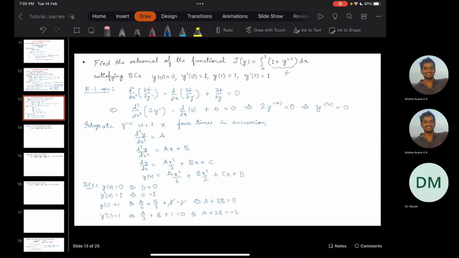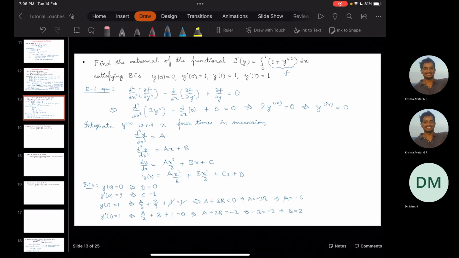Okay, first we substitute. This gives us a is equal to minus 3b. Substituting here, we'll have minus 3b plus 2b is minus b is equal to minus 2. This implies that b is equal to 2, and this implies that a is equal to minus 3 into 2, which is minus 6.